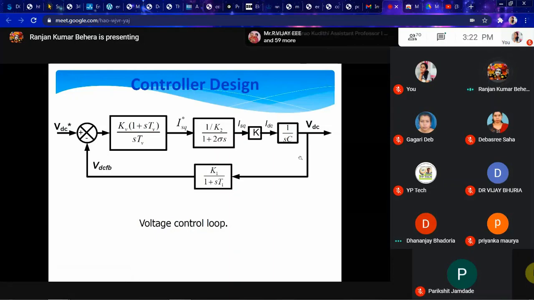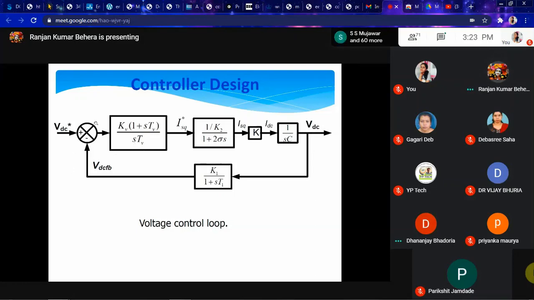You can see that this is the voltage controller, where there is also a feedback because the voltage sensors are connected, and when the A to D converter is converting from voltage, there is a delay associated with it. So that is what is shown here, and this is a PI controller, and then current, and then you have 1 by sC, then you got VDC.